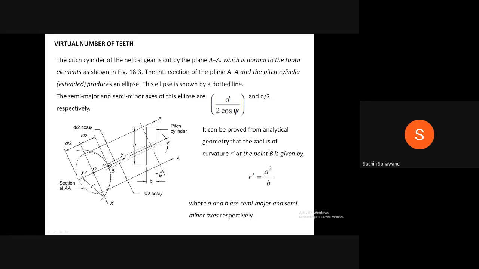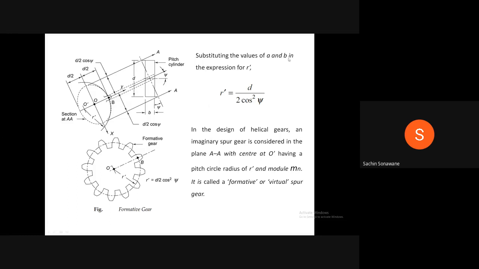It can be proved from analytical geometry that the radius of curvature r dash at the point B is given by r dash is equal to a squared divided by b, where a and b are the semi-major and semi-minor axes respectively. Substituting the values of a and b in the expression, we get r dash is equal to d divided by 2 cos square psi. The tooth you are observing is a virtual tooth.